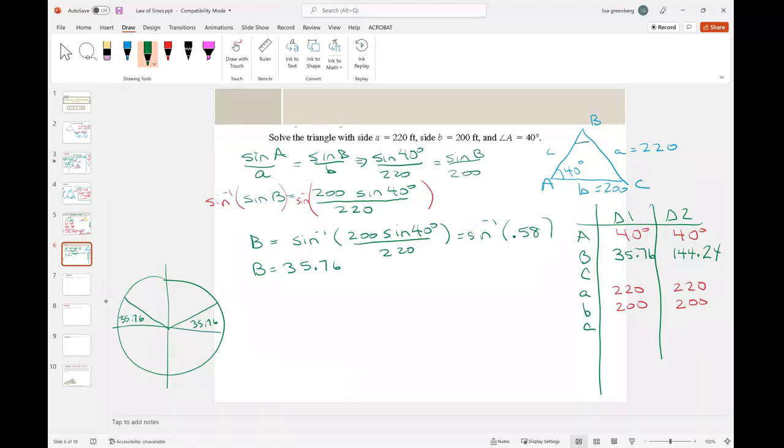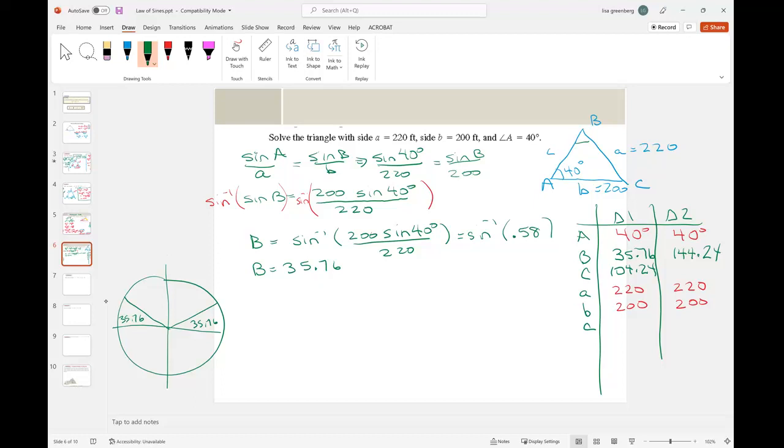Okay, so now let's see what C is. So I have 40 plus 35.76 minus 180. So I have here 104.24. But notice when I add up 40 and 144, I get 184 degrees, over 180.